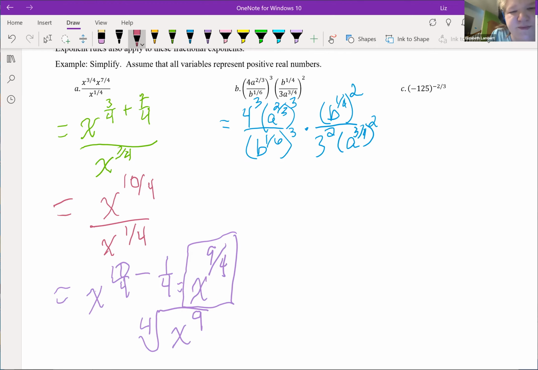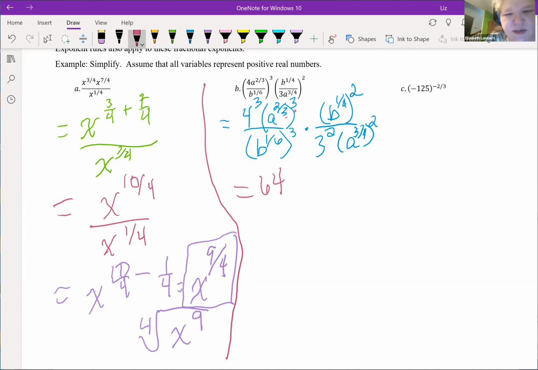All right. So now that we have done that, I need to interact these crazy things. So the 4 to the 3rd, I can calculate out. 4 times 4 is 16, 4 16s is 64. I just know that because after a while writing these problems, you memorize all these lower powers.